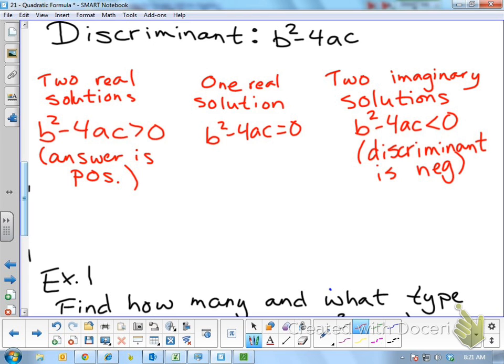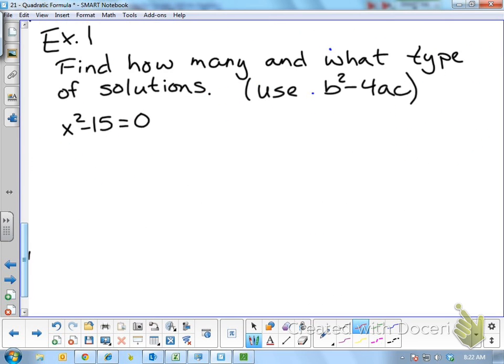So we have three possibilities. So if we had a picture, it's easy to tell. We can just look at the picture. But if we don't, we're going to have to use our equation to find the discriminant. So the instructions would ask us how many and what type.